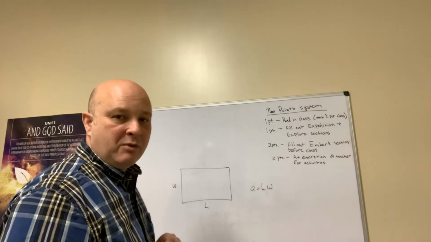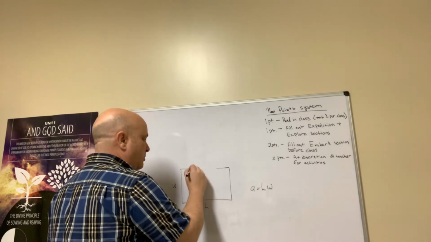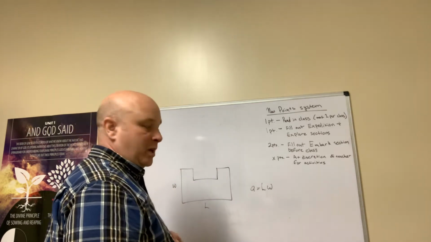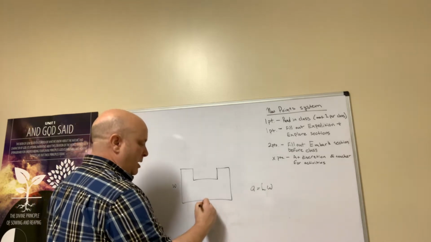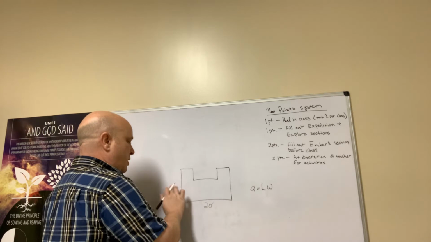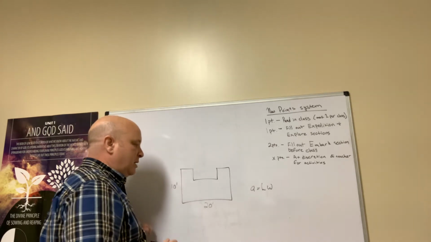But what if part of your rectangle is missing? What if, for example, you've got a hole in it, okay? Let's say that we know our length is, I'm just going to make something up here, 20 feet, and we know that our width is, let's say, 10 feet, okay?